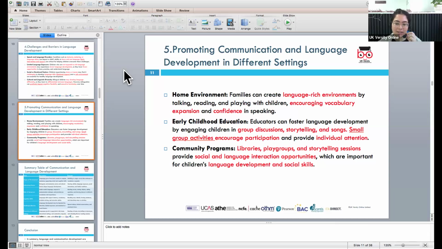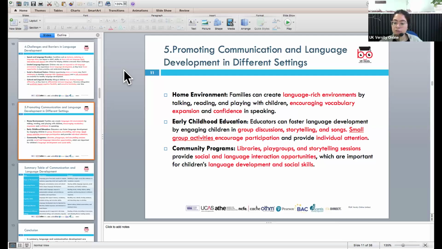Okay, so moving on. Promoting communication and language development in different settings. In the home environment, families can create language-rich environments by talking, reading, and playing with children. This would encourage vocabulary expansion and develop confidence in their speaking. As for early childhood education, educators can foster language development by engaging children in group discussions, storytelling and songs, and small group activities.